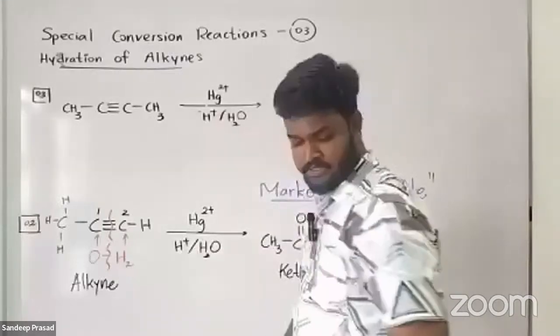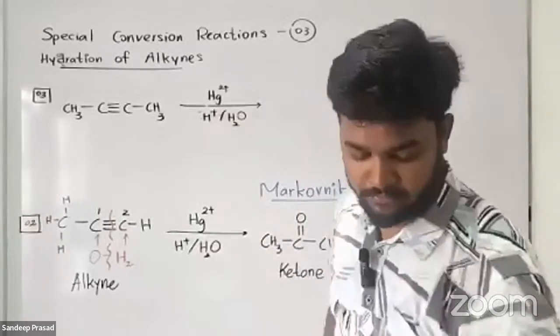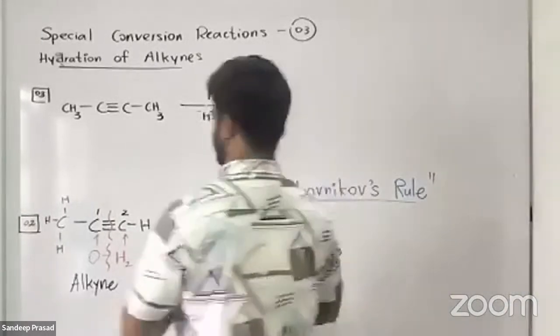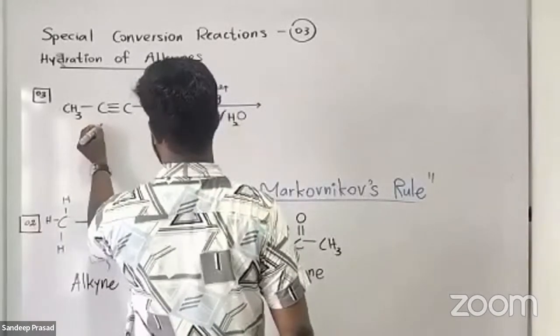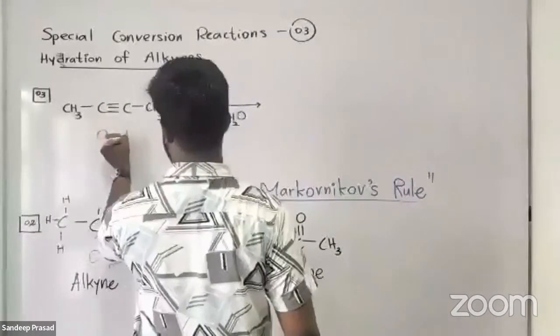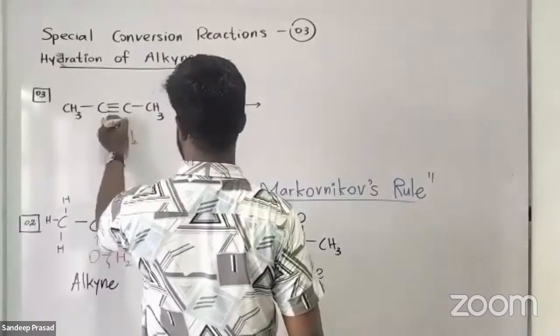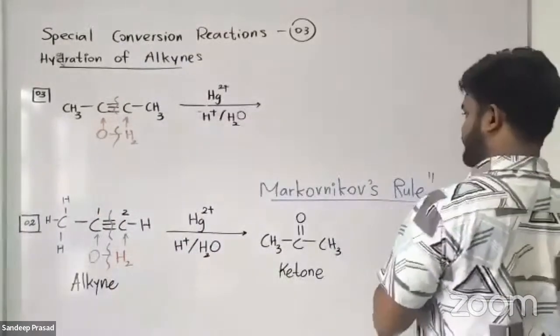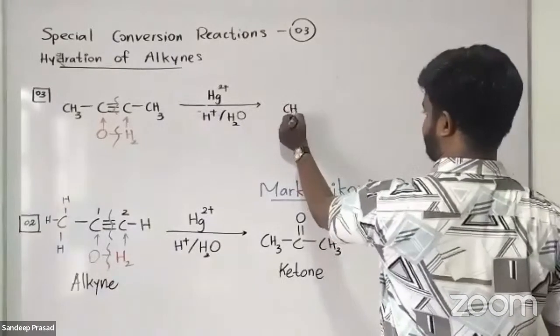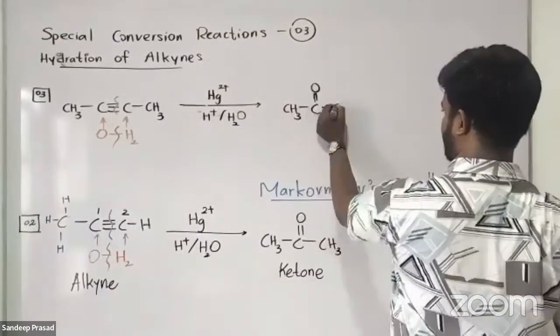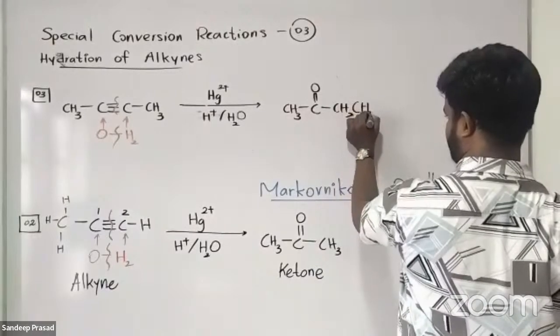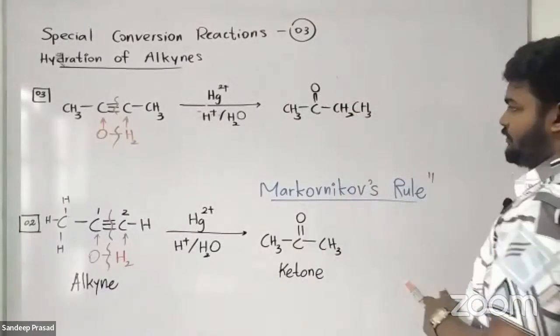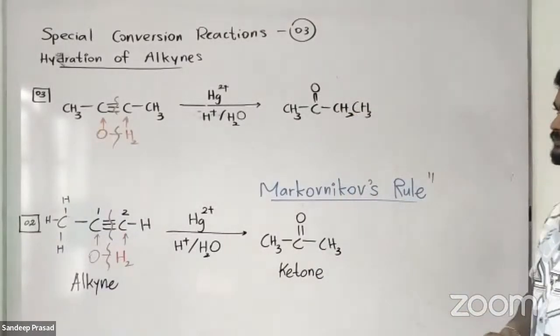So here no issue. Why? This is a symmetrical compound. Since it is a symmetrical compound, whatever the carbon atom, you can connect oxygen and hydrogens as you wish. So therefore, we can have the product 2-butanone. That is also a ketone.